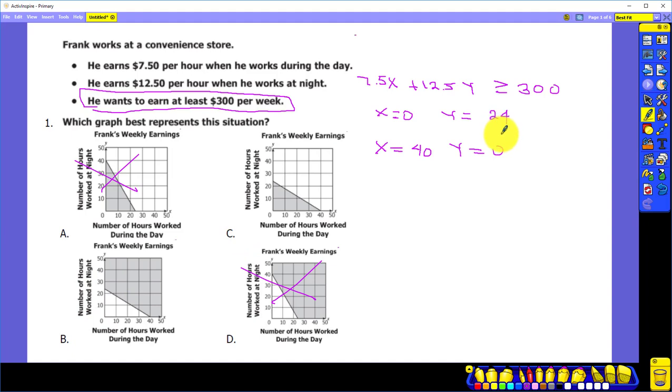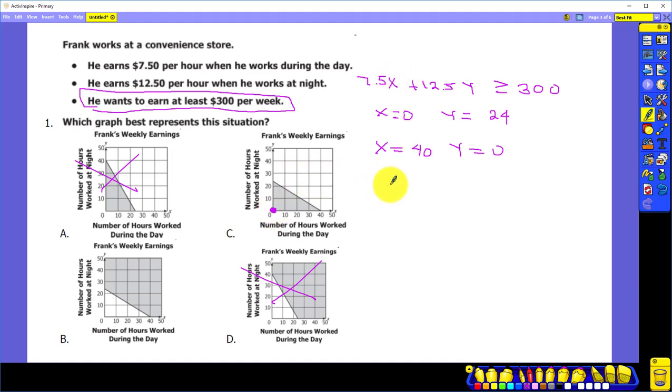Alright, so next I need to figure out if we need to shade below this line or above this line as represented by option B. So to check, we are going to use a test point. I'm going to use 0, 0. If this is true, then we have to shade the area containing this point. If it is false, we have to shade the other side of the line.